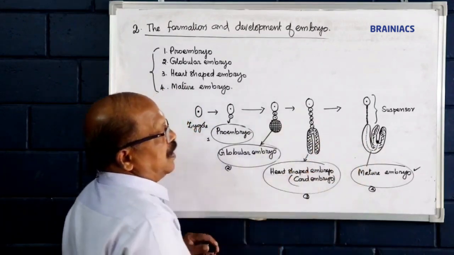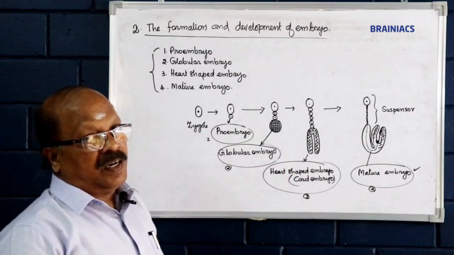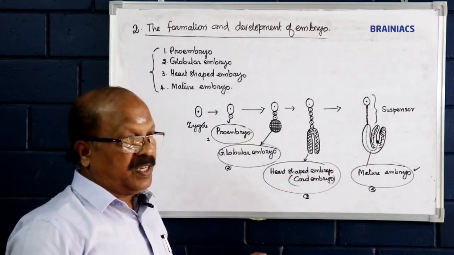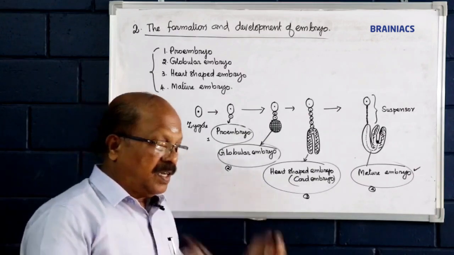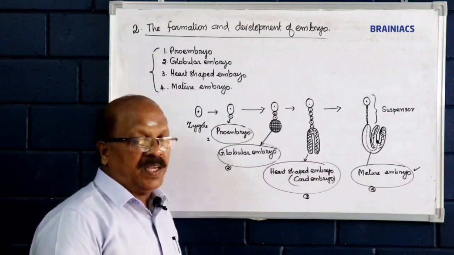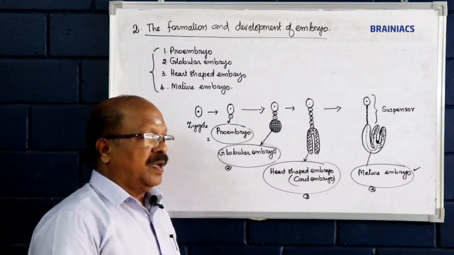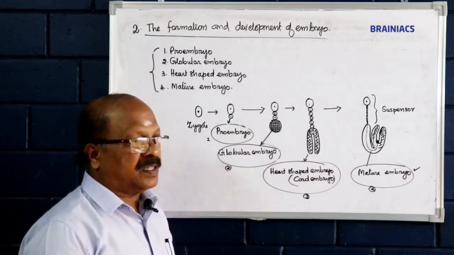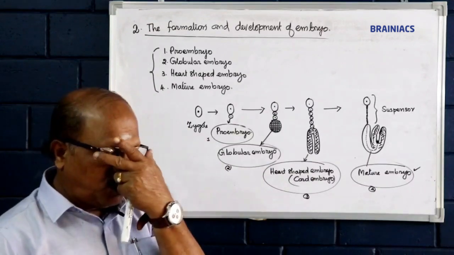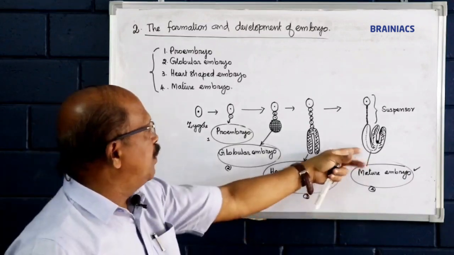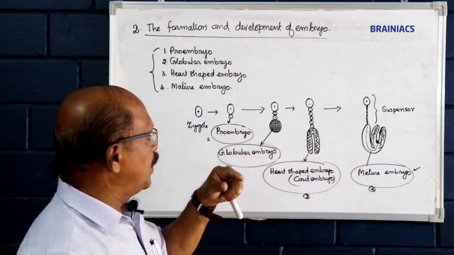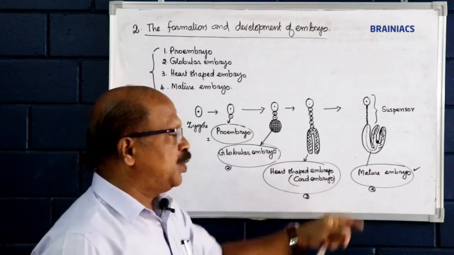In the development of the seed, the endosperm also develops during these stages, and the seed keeps the embryo safely inside. When favorable conditions come, the embryo develops to form a new plant. That is about four stages: proembryo, globular embryo, heart-shaped embryo, mature embryo.